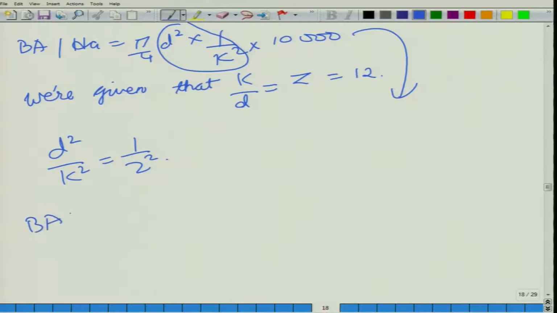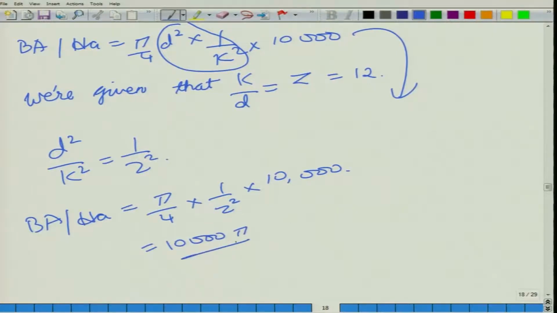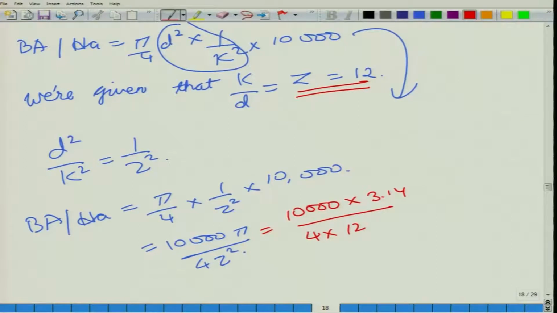So the basal area per hectare is equal to pi by 4 into 1 by z square into 10,000, or we can also write it as 10,000 pi upon 4 z square. Now the value of z is 12. So this value becomes 10,000 into 3.14 divided by 4 into 12 into 12. So we get this value to be 54.5 square meters per hectare.